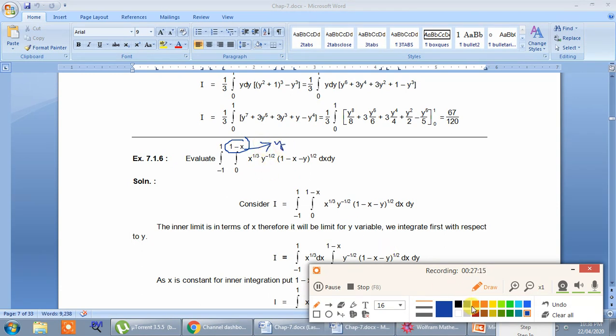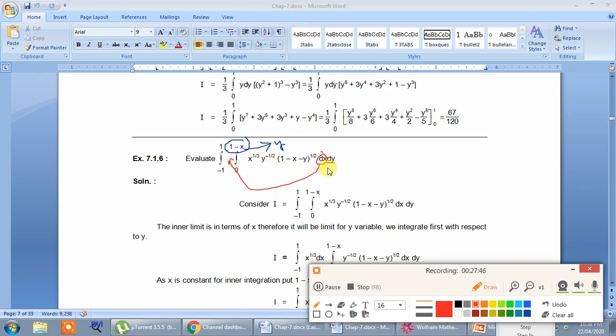As it is the limit for y, the first integration is to be carried out with respect to y. So y is the variable, x is a constant. In that case, I should take this dy outside the inner integration, but inside the outer integration. So with respect to the inner integration, dx is constant, but with respect to the outer integration, dx is variable, it is not a constant.